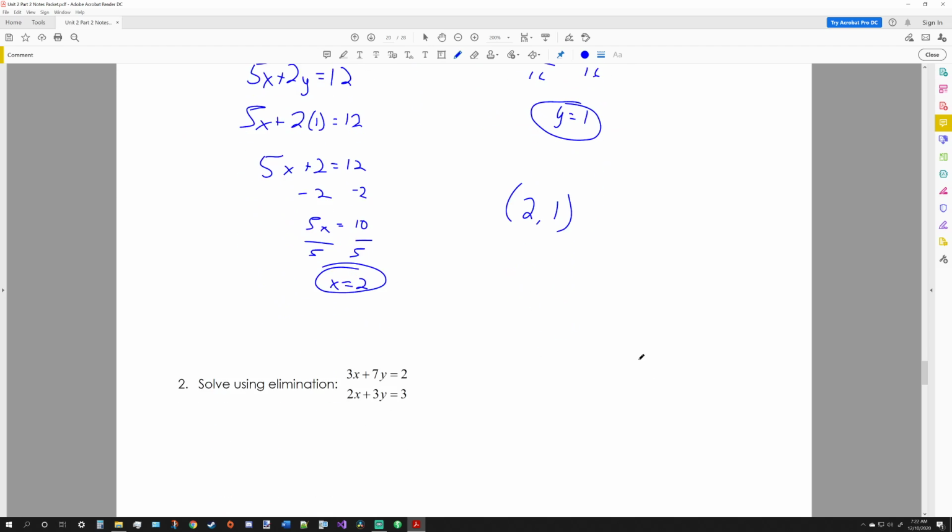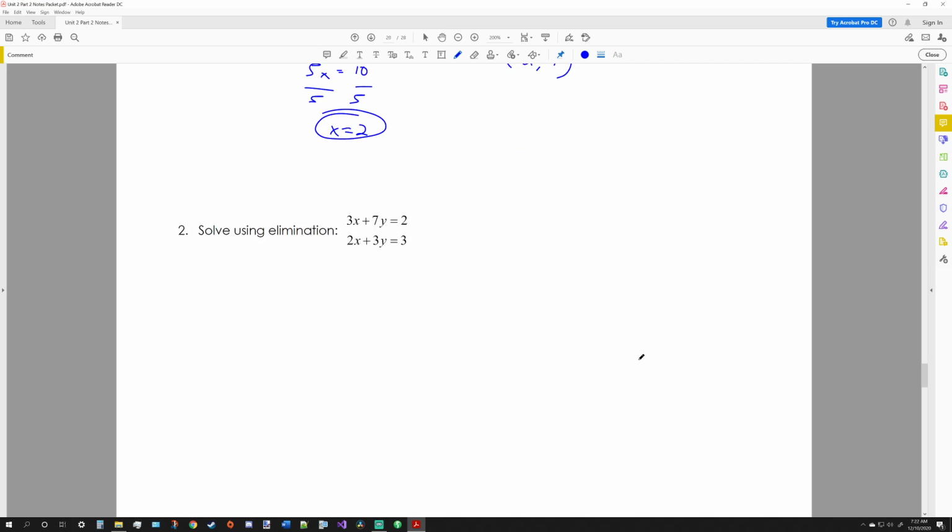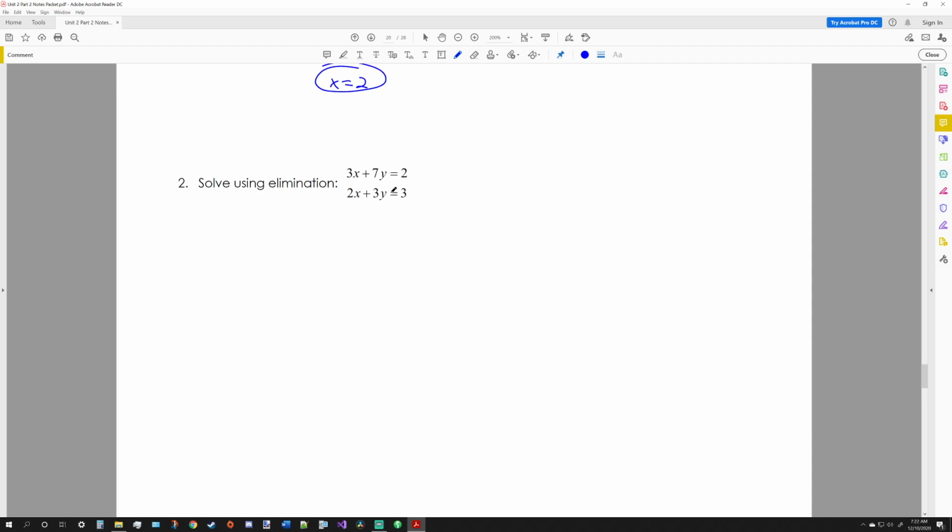All right, number 2, if you haven't done that yet, pause, and now I will go over the answer. So let's multiply by 2 and -3. So 6x plus 14y equals 4.